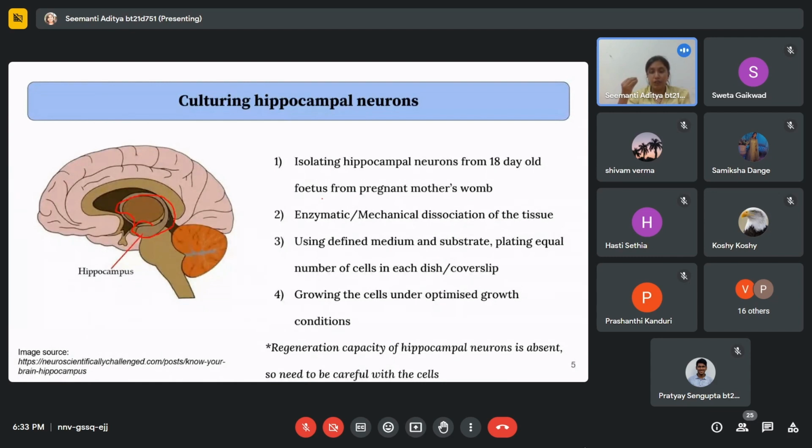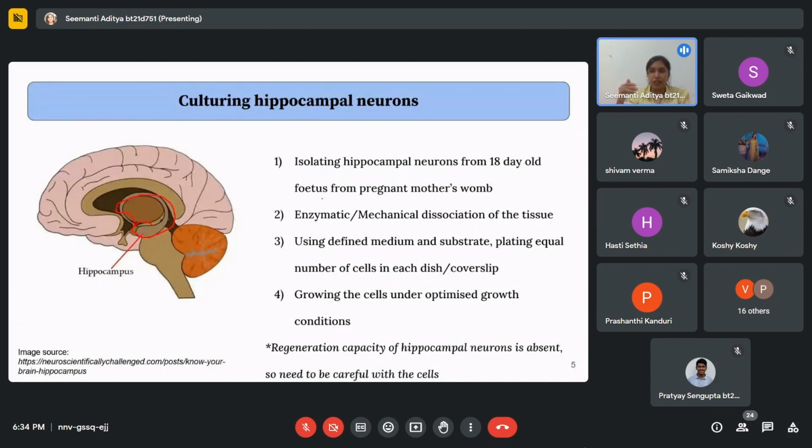Why not from an adult mouse? Because if it is in adult mice, it will be difficult to grow the hippocampus in cell culture, because it will be totally differentiated and might not properly adhere or divide further.